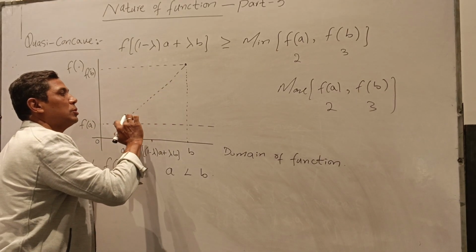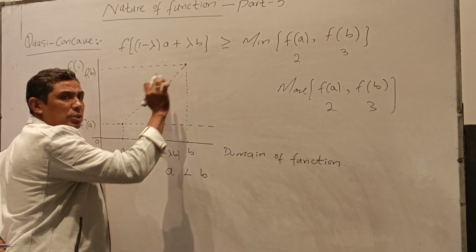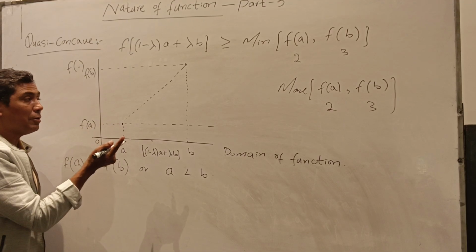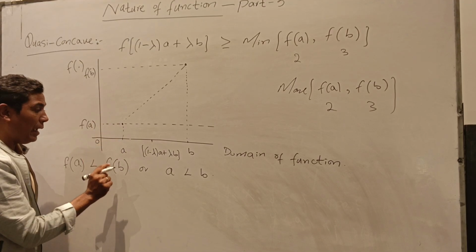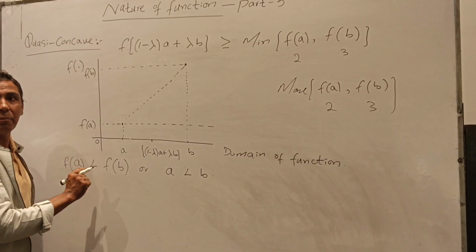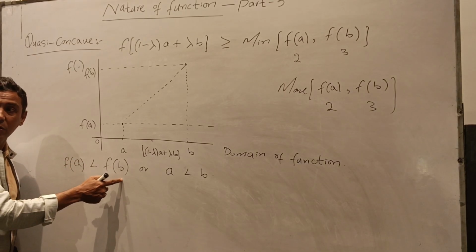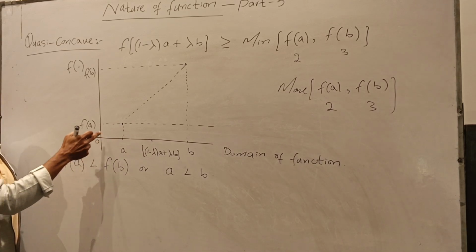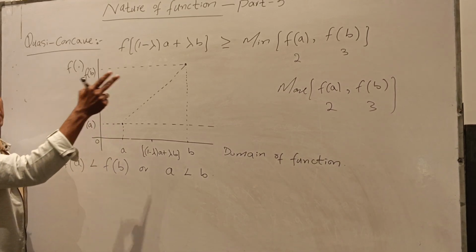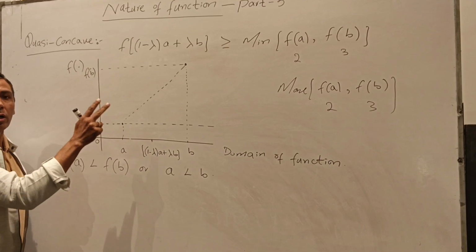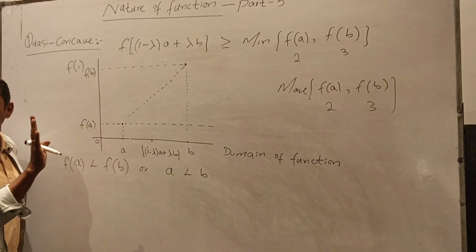All values either move in this direction or are greater than the min of this one, because we have decided a is less than b. So the functional value of a will be less than the functional value of b. That's why I am comparing with the minimum value. The minimum value is f(a), not f(b).